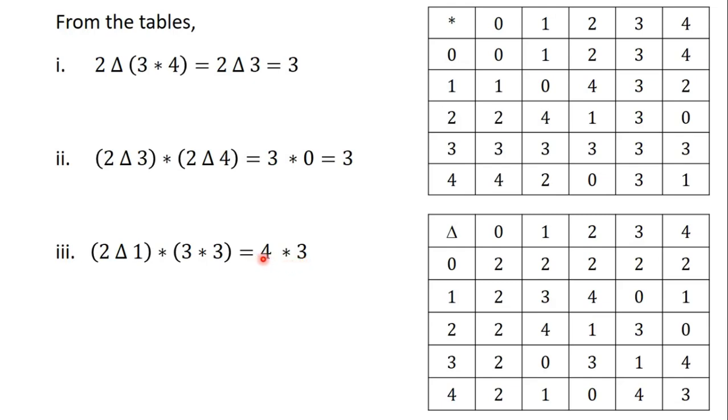So now we have 4 star 3. 4 star 3 from the table will give us 3. So 2 delta 1 is 4, 3 star 3 is 3, and 4 star 3 will give us 3.